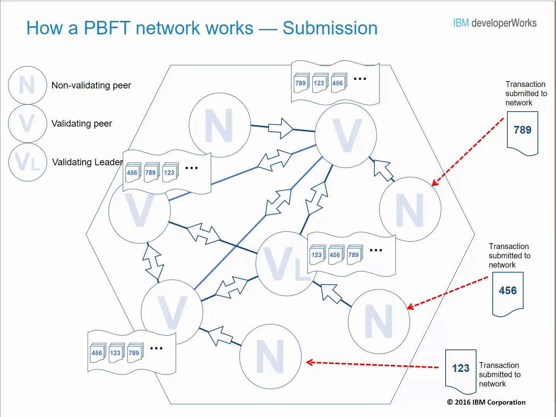So one of the things that we need to do in subsequent steps is to make sure that all the validating nodes actually agree on the correct order for these sets of transactions. But at this stage, we're just showing you the arrival of the transaction sets and then the forwarding to the validating leader and the validating nodes within the consensus network.